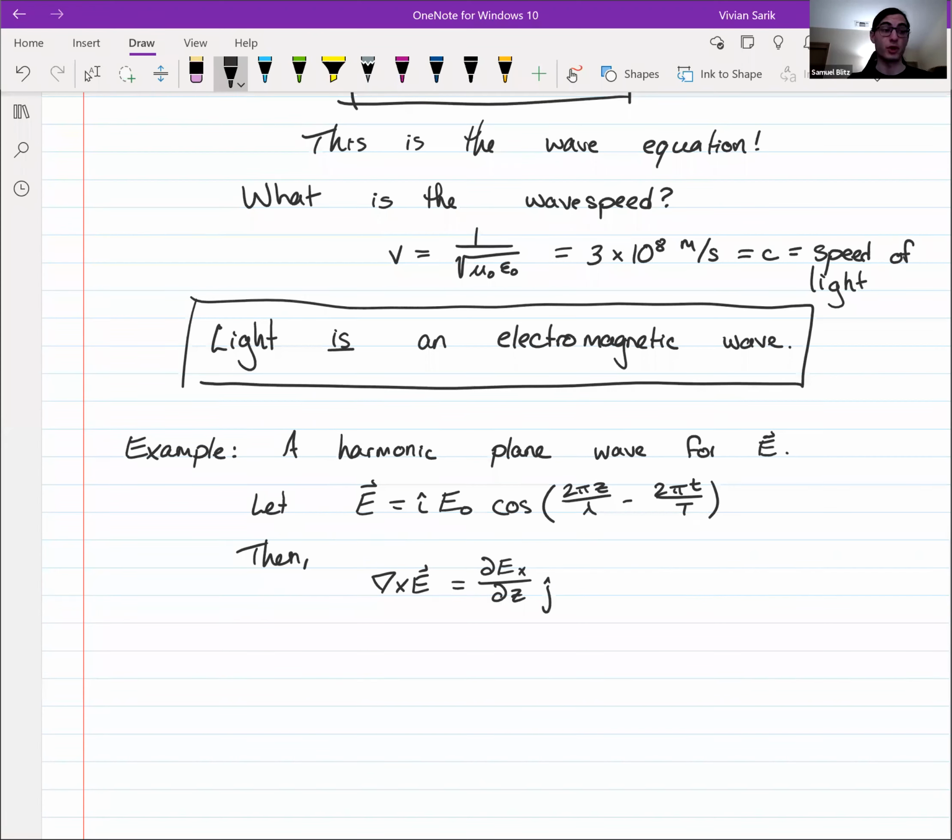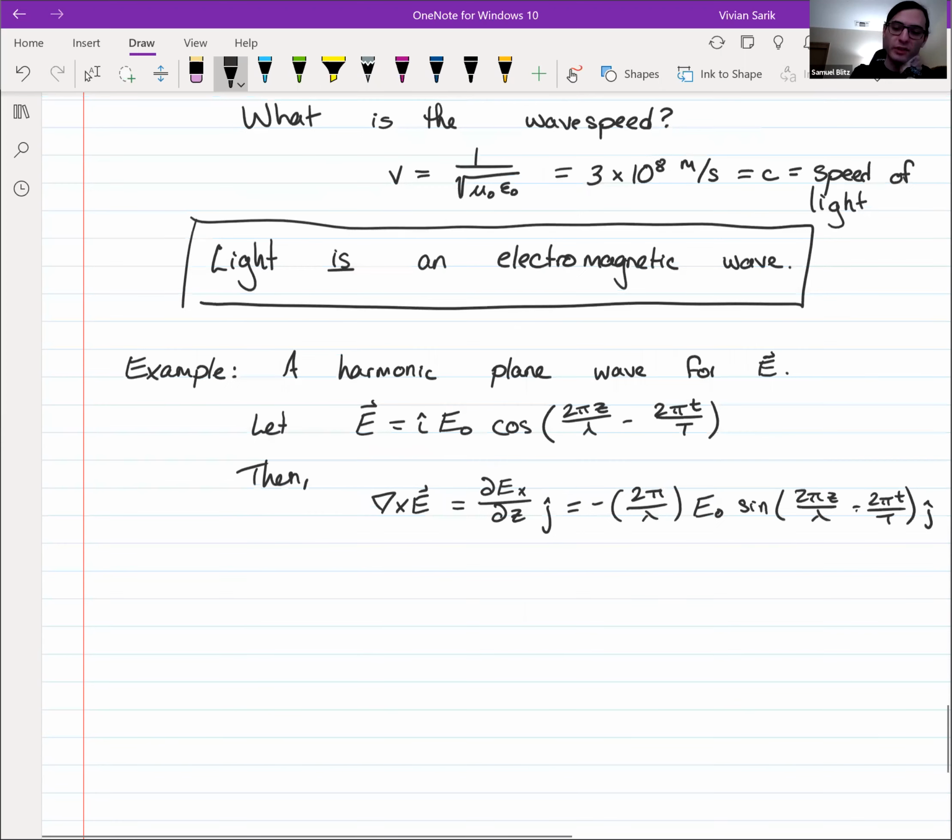So we can just take that partial derivative. So this is minus 2 pi over lambda E naught times sine of 2 pi z over lambda minus 2 pi t over capital T in the j hat direction. Okay, that's the curl of E.